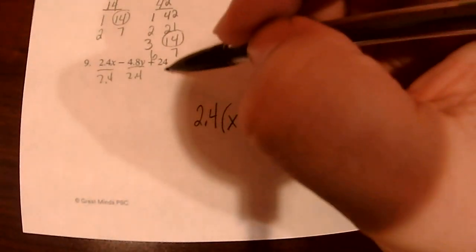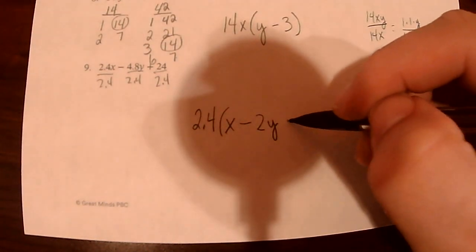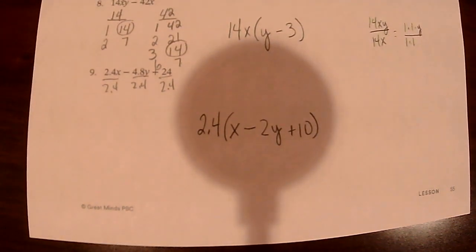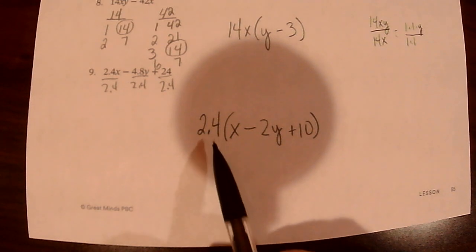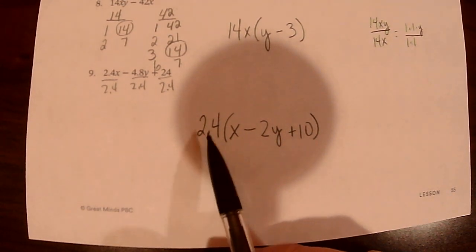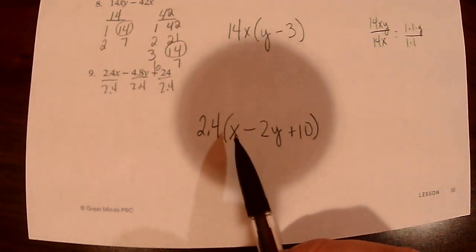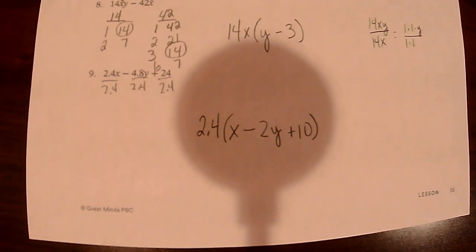And then 24 divided by 2.4 is 10. Notice I have no decimals left inside the parentheses. Your multiplier can be a fraction or a decimal, but we prefer to not have any of those in the expression that we're multiplying into if possible.